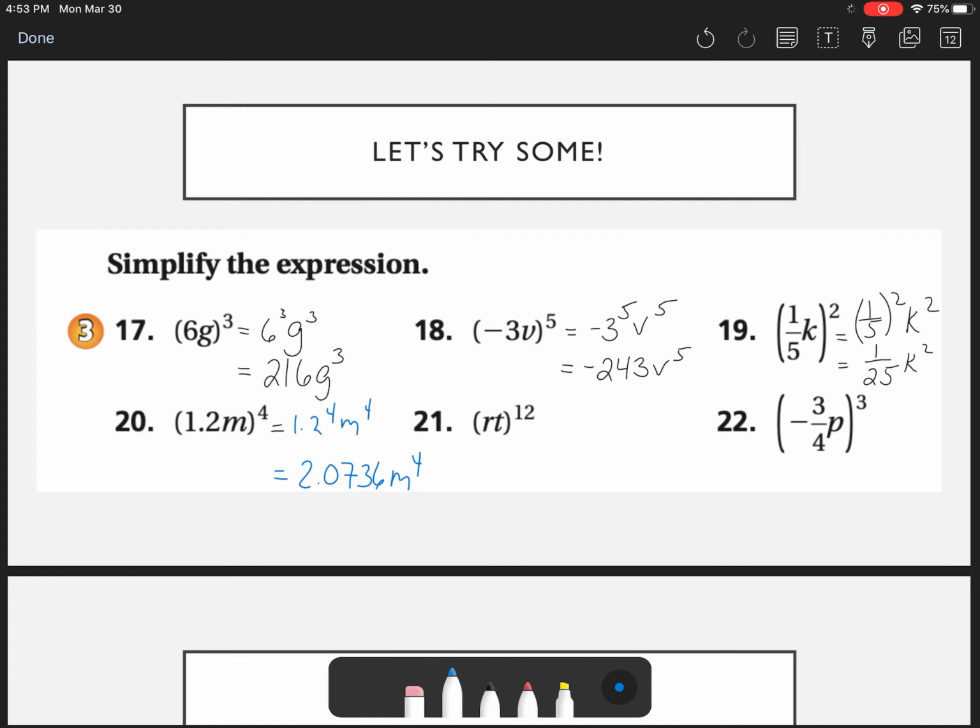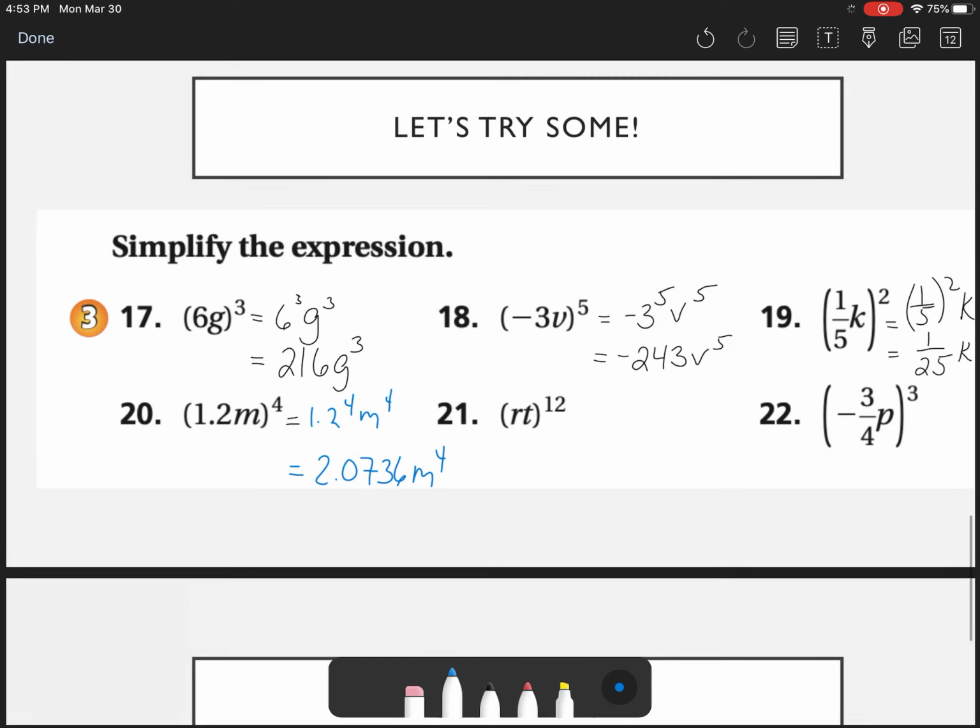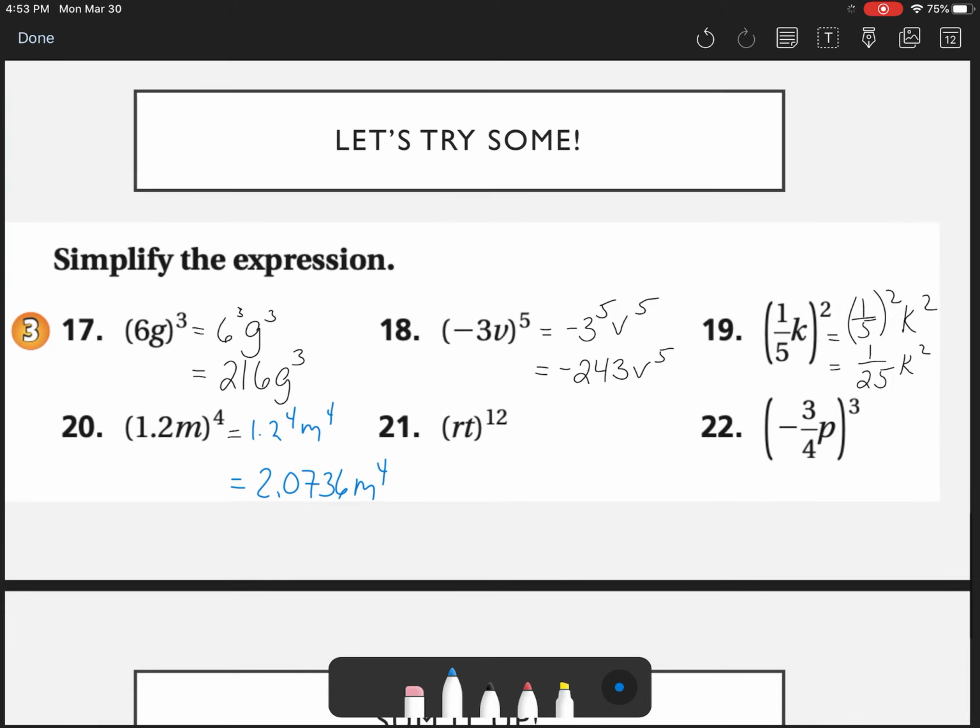I'm just going to double check that because I don't like the way that sounds. 1.2 to the fourth. Yep, that's correct. 2.0736 m to the fourth. Okay, 21, this one's pretty simple because there's really nothing to work out. It's just going to be r to the 12th, t to the 12th.